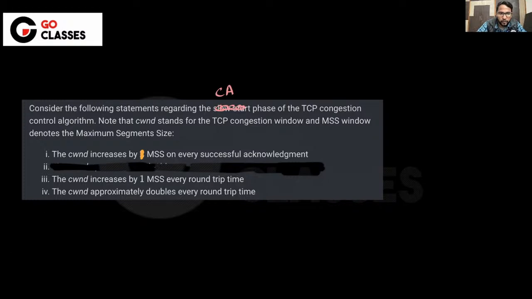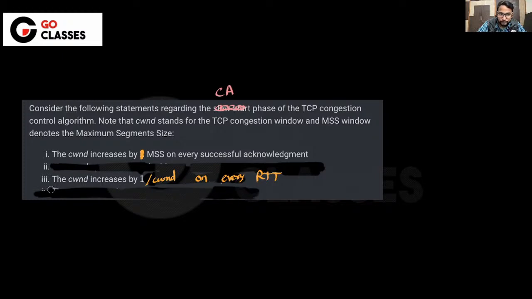Increases by 1 upon CWND on every RTT. So yeah, anyway, there could be many options. So it increases by 1 upon CWND on every RTT.